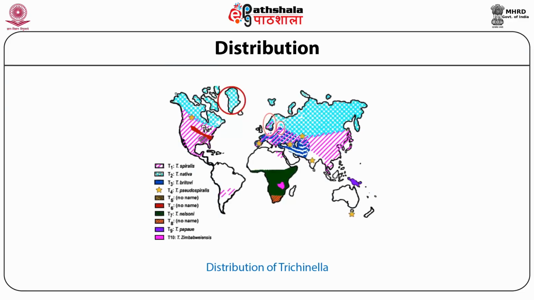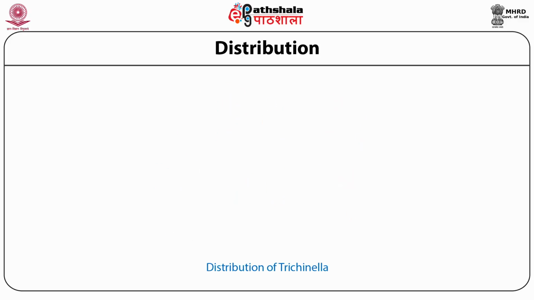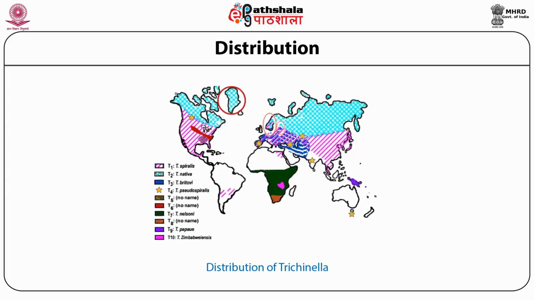Geographical distribution of Trichinella spiralis. Species of Trichinella inhabit a broad geographic range from the Arctic to the tropics. However, distributions of individual species are more restricted, with encapsulated species generally demonstrating adaptations to colder climates than non-encapsulated species.